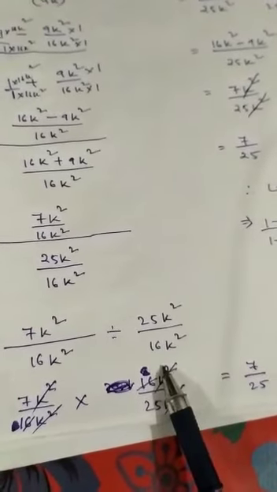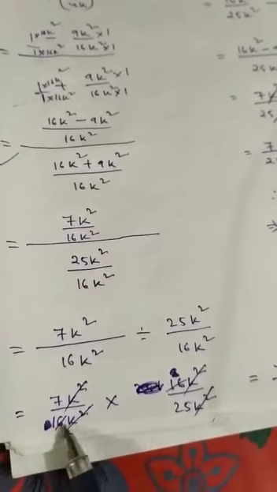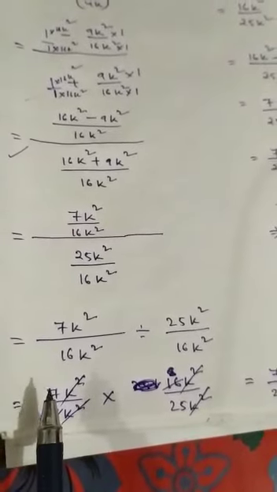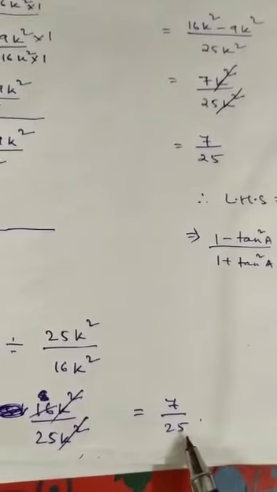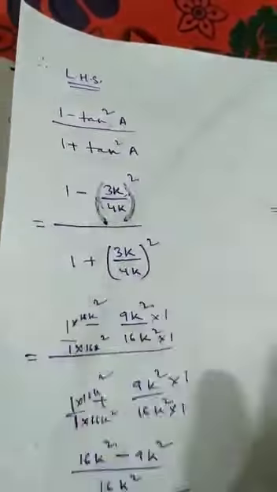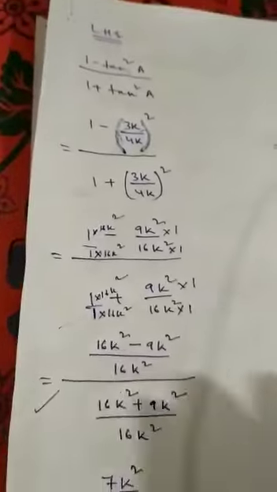Now k square will get cancelled, and 16 and 16 also will get cancelled. So 7 by 25 will be the value of (1 minus tan square A) by (1 plus tan square A). So this is the LHS that we have solved.